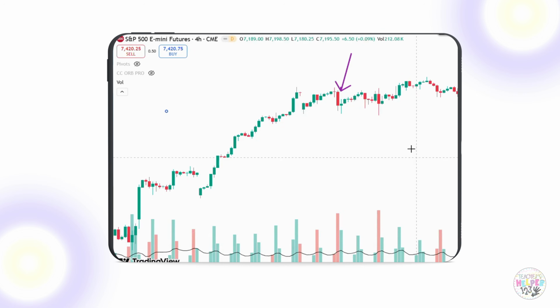It's important to use multiple bars before you enter a trade so that you have more confirmation. So for example, right here, this big large red bar with large volume here. Now, what if I said, oh, I think that the trade will continue to go down? I would have been wrong because I used only one bar. So you need multiple days or multiple hours of information to develop a good trade.